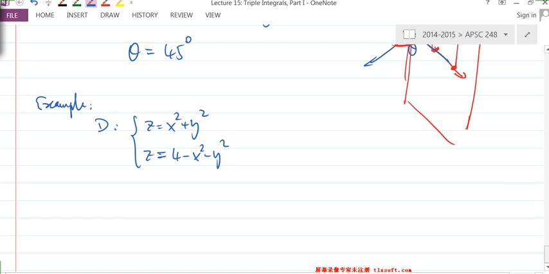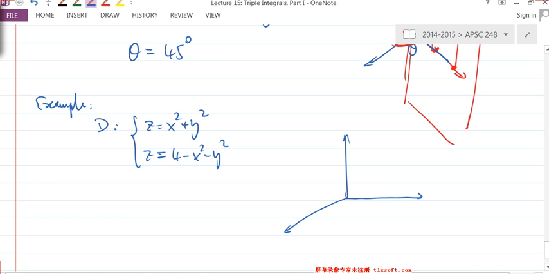Okay, so here's my region D, described by two surfaces, z equal to x squared plus y squared, and z equal to 4 minus x squared minus y squared. And I want to compute the volume sandwiched by the two surfaces. So here is the exercise of drawing this region D. Let's draw it.